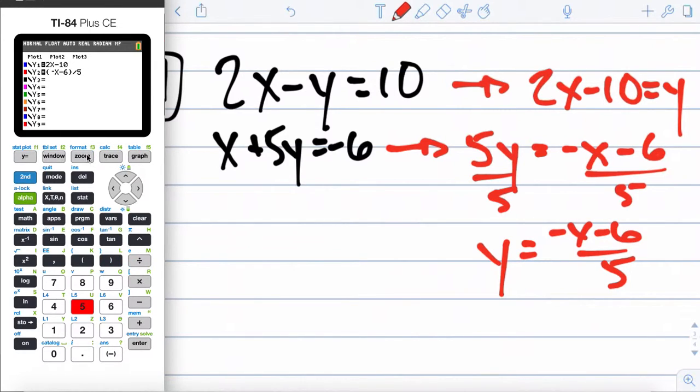Okay, I probably want my standard window. My standard window is zoom 6.